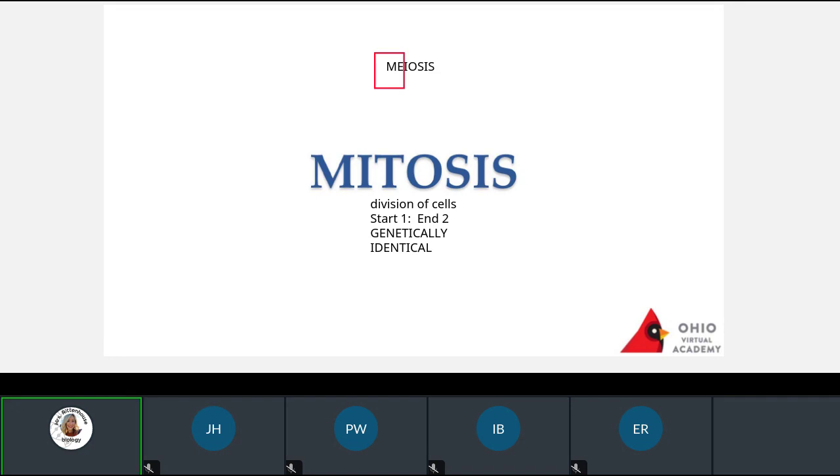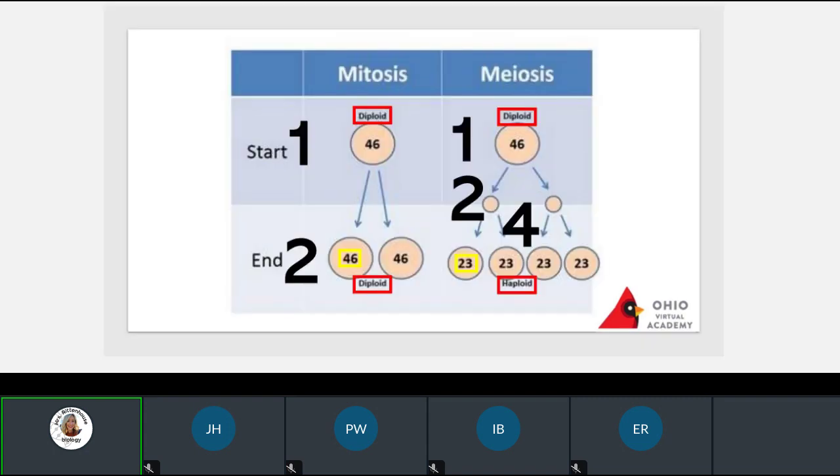You were created because of meiosis. Meiosis is going to be the division of cells to create our sex cells, our reproductive cells.